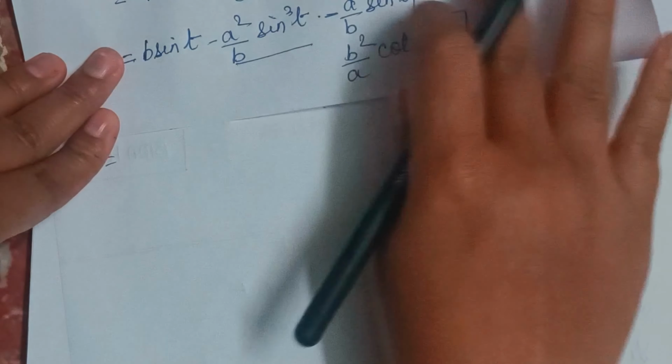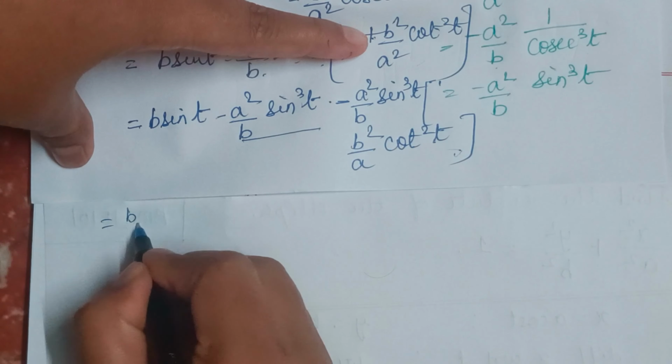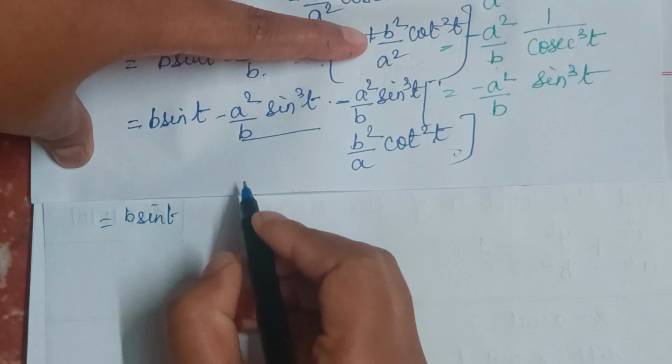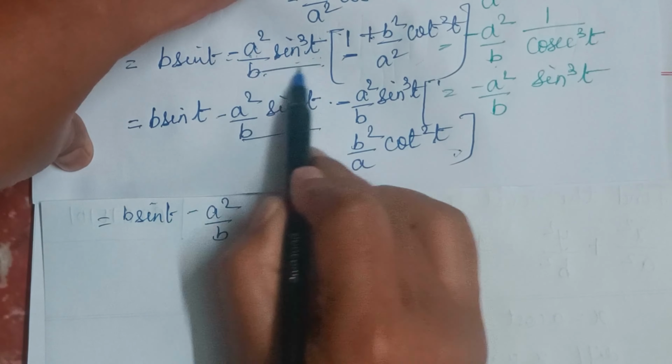So this is nothing but b sine t minus a square by b. I'm just multiplying this inside.